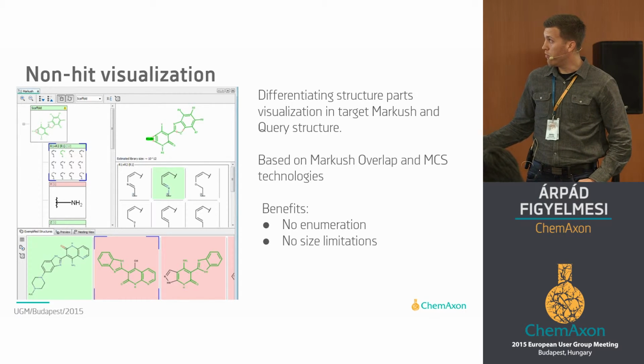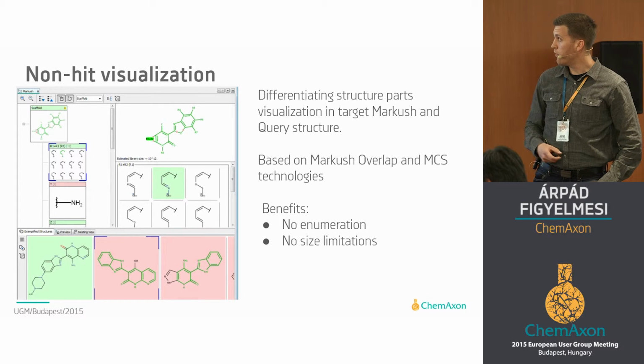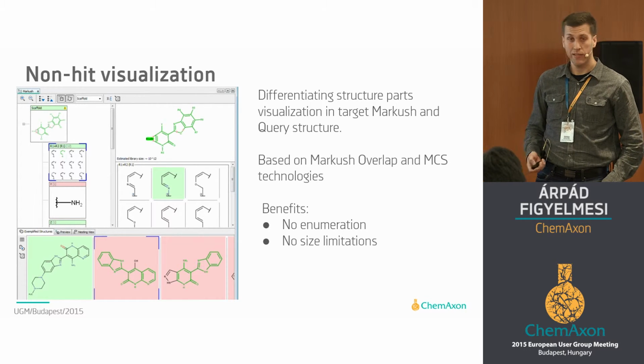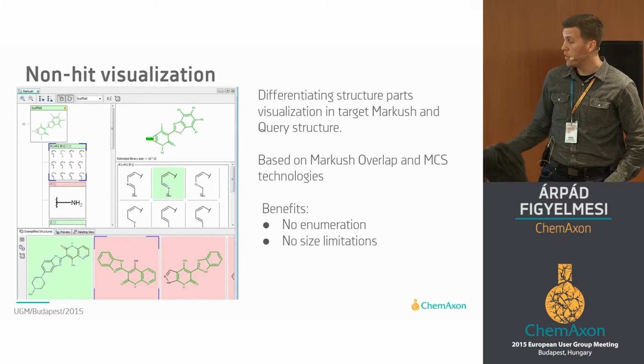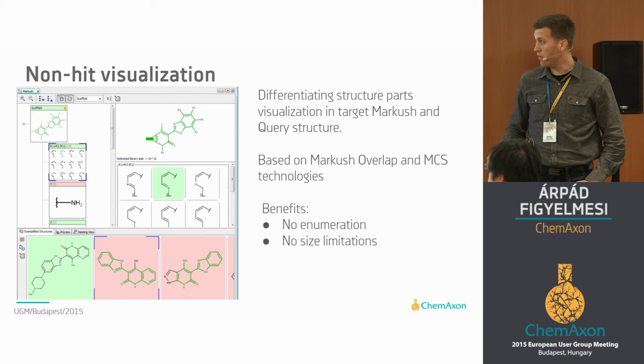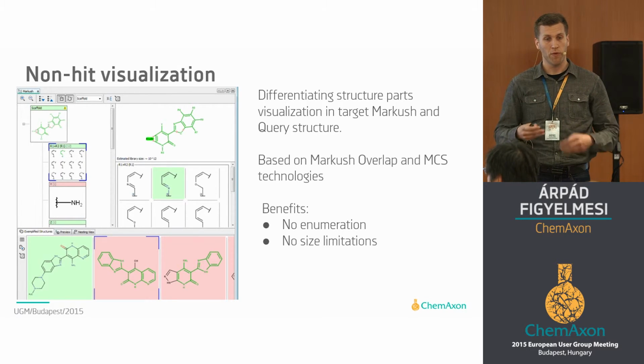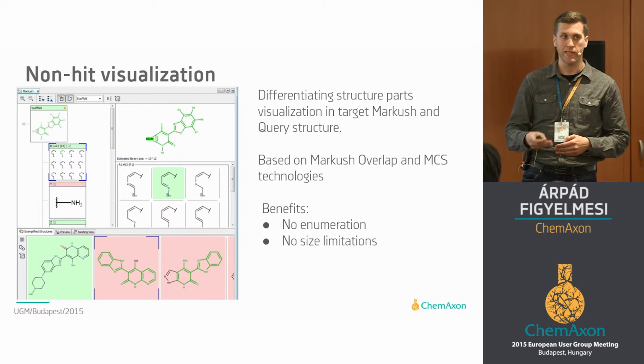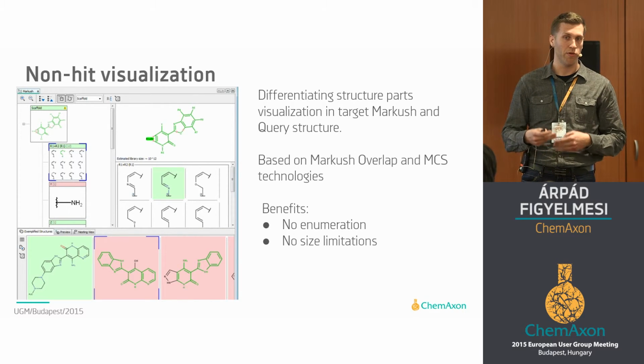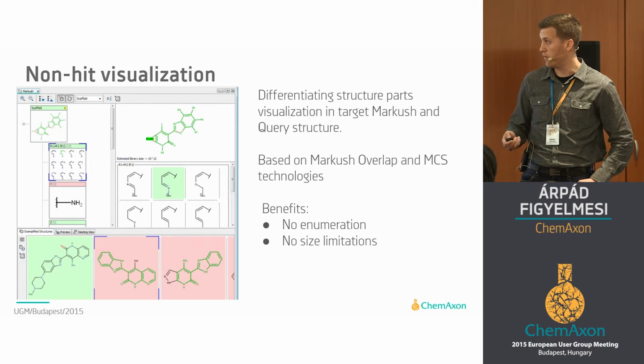The technology that is capable of visualizing the differentiating structural parts is the non-hit visualization. It's currently available in ChemCurator because it's really useful if you want to find inconsistency inside your extracted data or you want to analyze the extracted data.